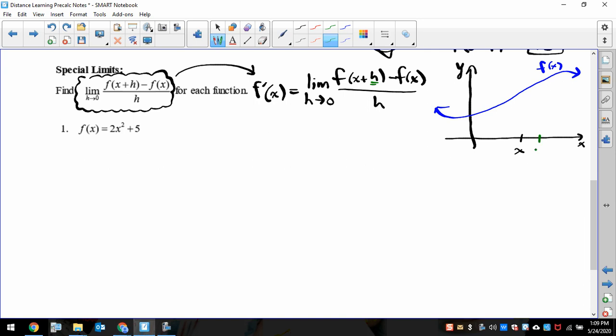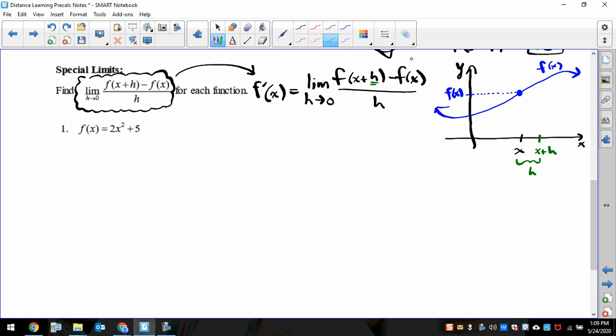I'll draw it like this. So this is going to be x plus h. So this little distance between x and x plus h is a distance of h. So you want to think of it as a very small amount. So f of x is right here. So this is a height on the function, and it's at a height of f of x.